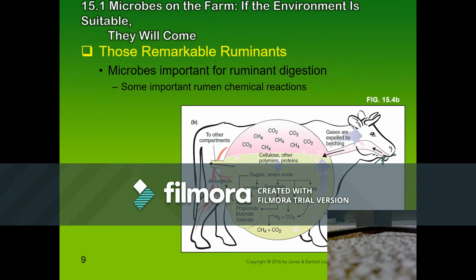In addition, a lot of sugars and amino acids are made. The majority of the nutrition the animal gets is from those sugars and amino acids that are being manufactured from the grass they're eating.